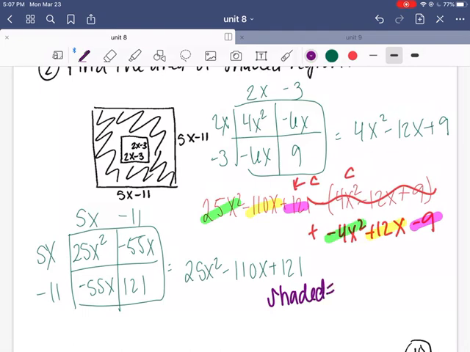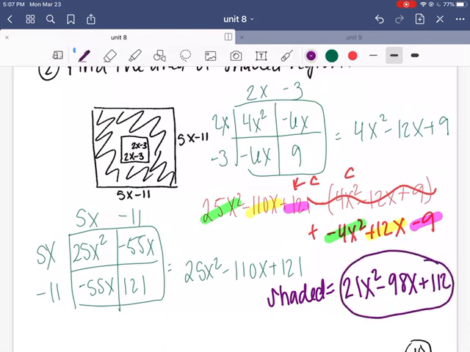So my shaded region, 25 plus negative 4 is 21x squared. Negative 110 plus 12 is negative 98x. And positive 121 plus negative 9 is positive 112. And that's the area of the shaded region.